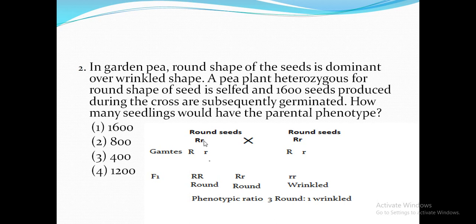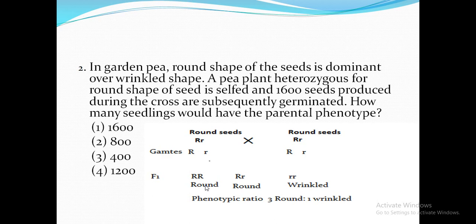As mentioned in the question, two heterozygous plants, both showing the dominant phenotype, are selfed. In the next generation, we will get round and wrinkled seeds in the ratio 3:1, because it is a typical monohybrid cross.